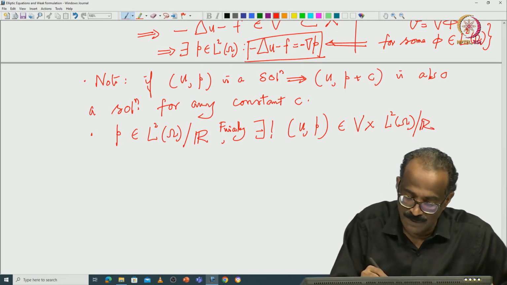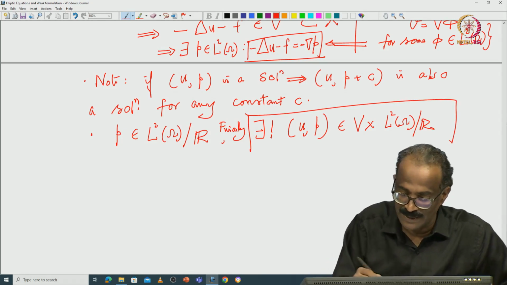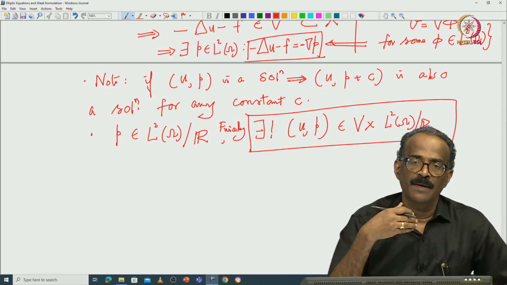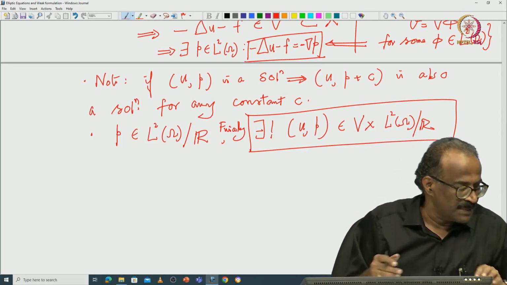So, that is what you get, uniqueness in this space up to constants. Of course, you can fix your P by demanding integral of P equal to 0 or something like that.